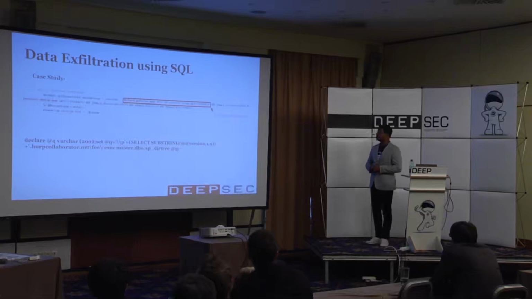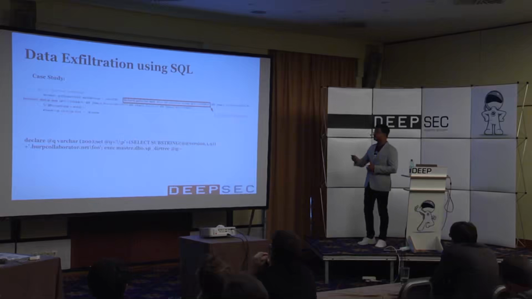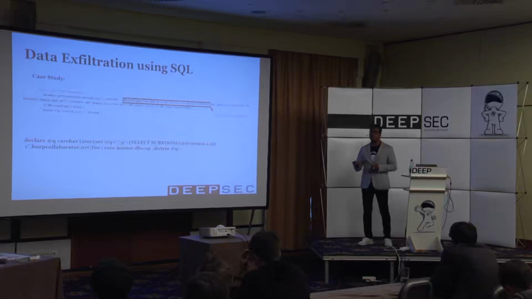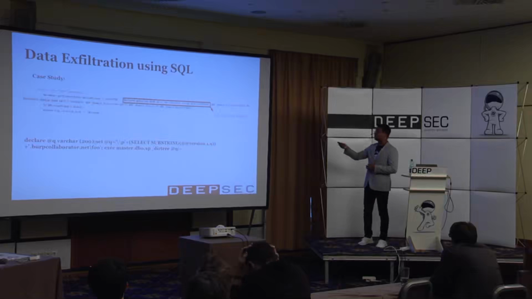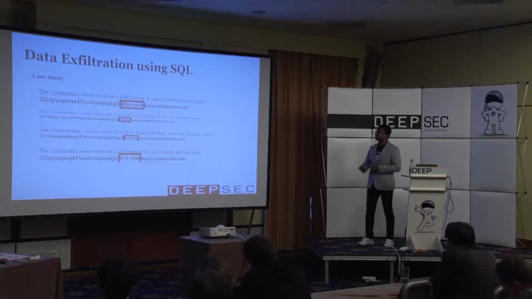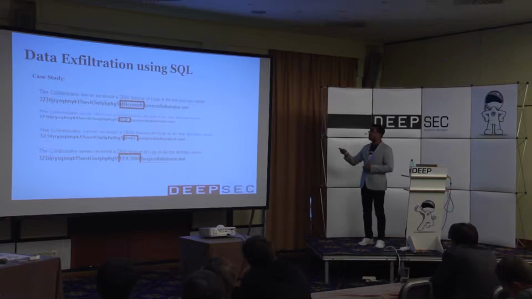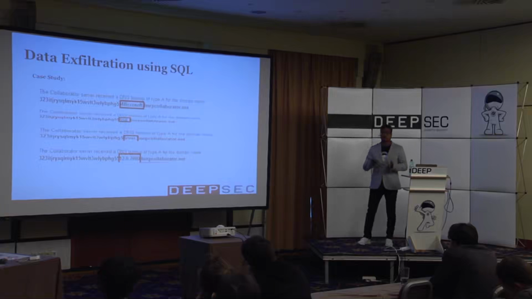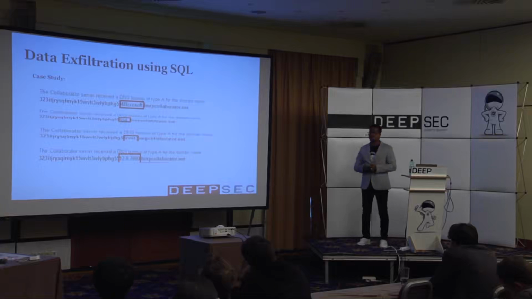This particular query is using master.dbo.xp_dirtree, which is a known function in SQL, and it is just fetching me the version number of the server that was being used, and the data that came in was something like this. It came in bytes. In one request, I got Microsoft, then second SQL, then Server, and then the version number. So this is how I found out what SQL server they were using.